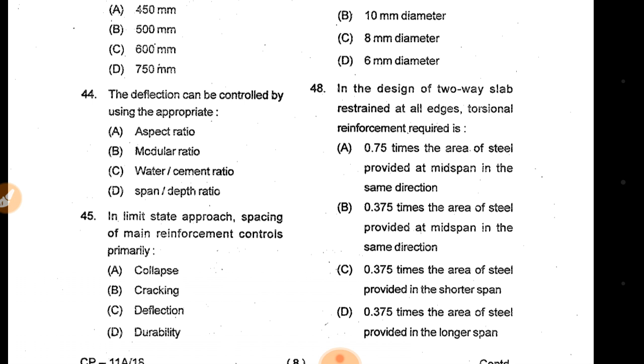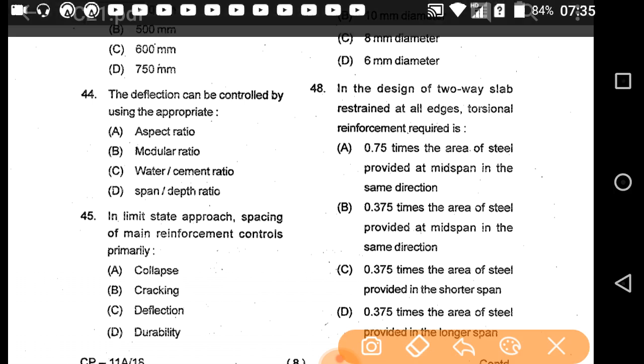So here the correct option will be 0.75 times the area of steel provided at the midspan in the same direction. That is option A.